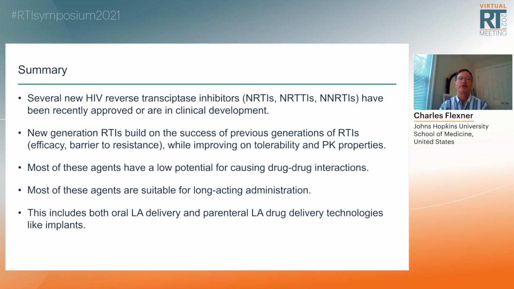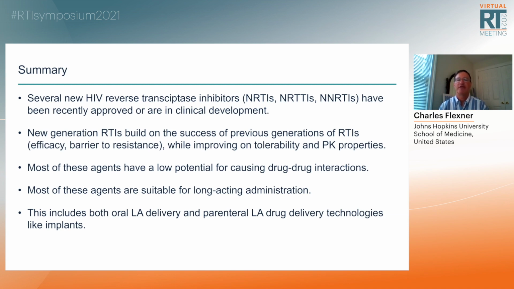So in summary, several new HIV reverse transcriptase inhibitors have been recently approved or are in clinical development. New generation RTIs build on the success of previous generations of RTIs, for example, their high anti-HIV efficacy and their barrier to resistance, while improving on tolerability and pharmacokinetic properties of the older RTIs.